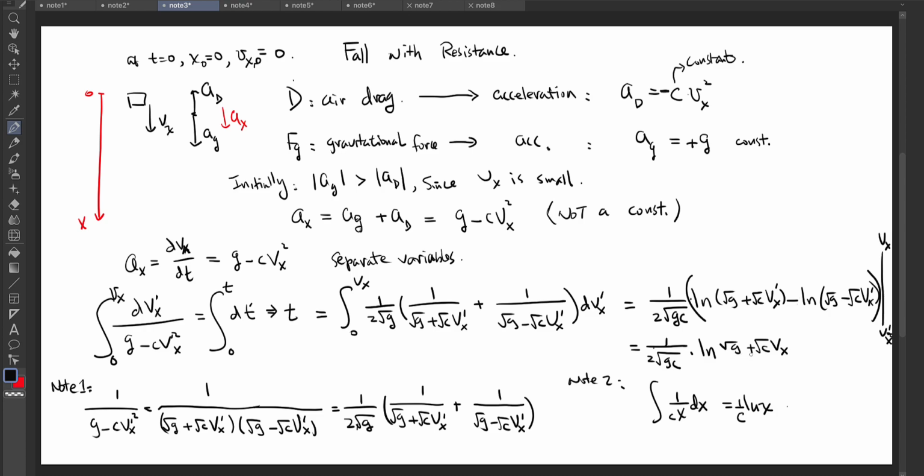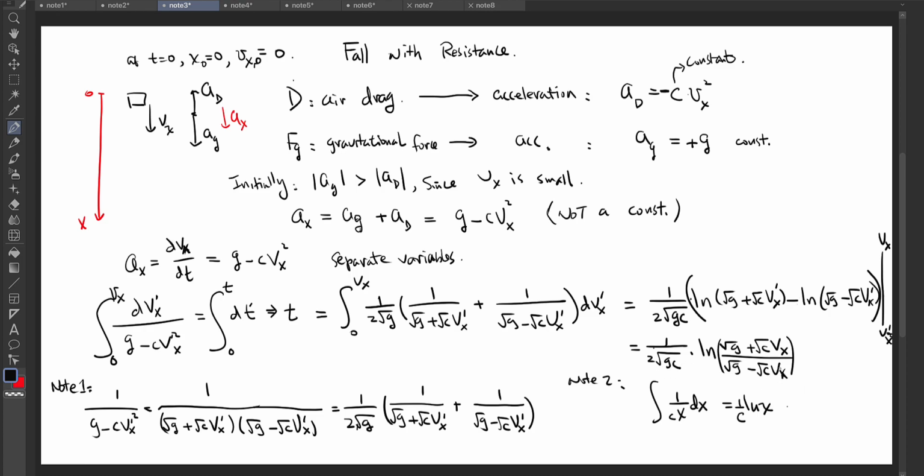Okay, so that's why when I plug in the upper bounds, I get square root of g plus square root of c times vx divided by the corresponding term here. And then when I plug in vx prime equals 0 here, these two terms cancel out. So that's why the final result is here.